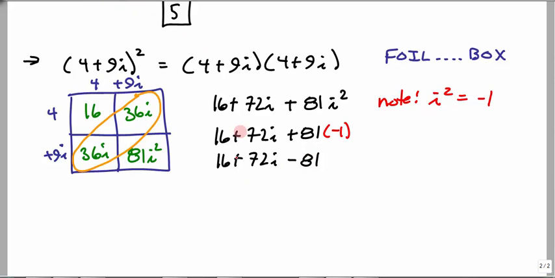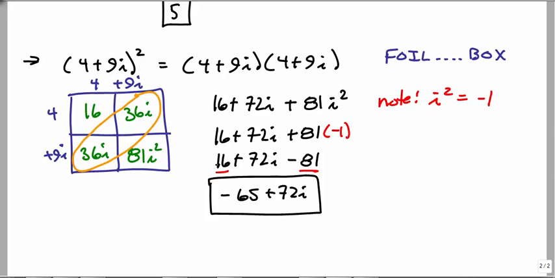So I see that I have like terms for my real numbers. So I have 16 minus 81, which would bring us down to a -65 plus 72i as my simplification. So the process doesn't change whether you want to use the FOIL method or the box method, doesn't matter. Both of them will work. But what you need to do is to keep track of the i's, the complex component.